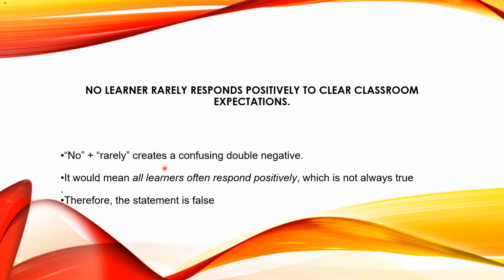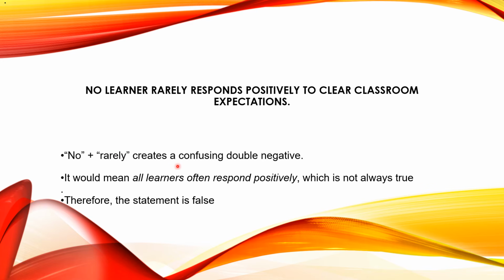Okay, consider this is going to be the last but one. No learner rarely responds positively to clear classroom expectations. So no and rarely mean what? Yes. So this is negative and this is also negative.